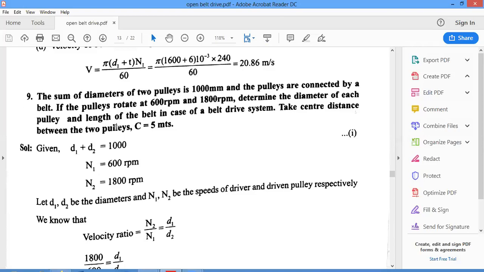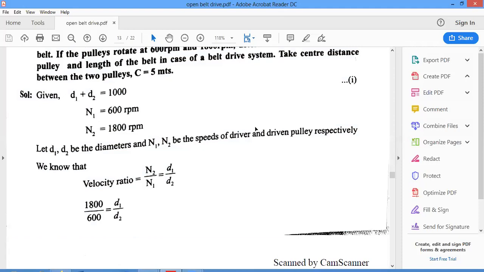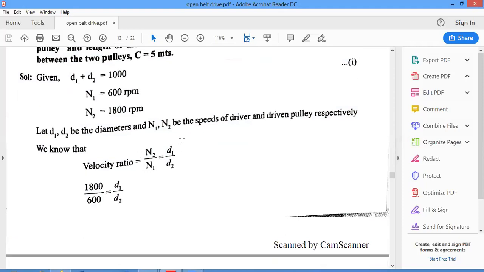Now, as in one of the problems we solved in the previous class, the sum of the diameters, d1 plus d2, is 1000 mm. The rotations at the driving end are 600 and at the driven end 1800 rpm. We know how to find this by using the velocity ratio.